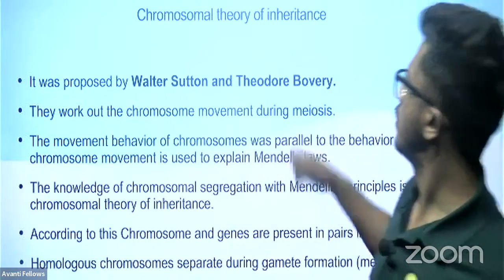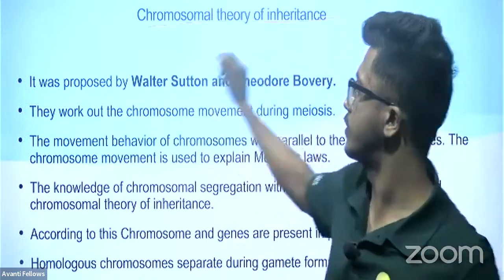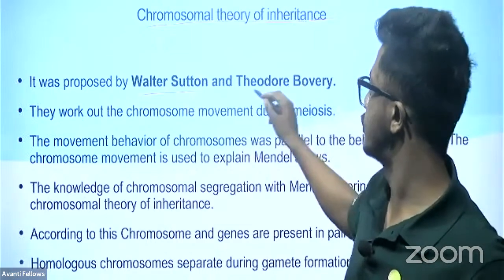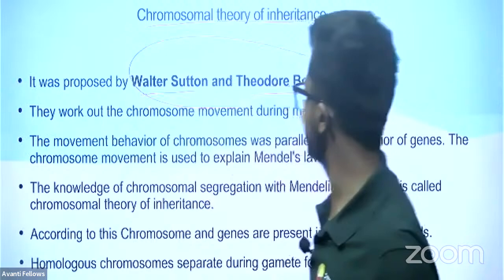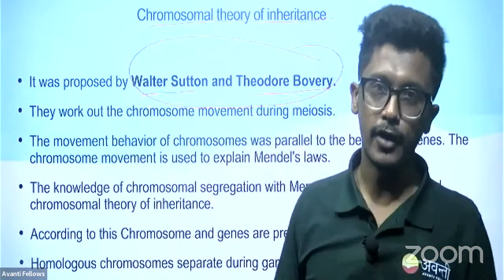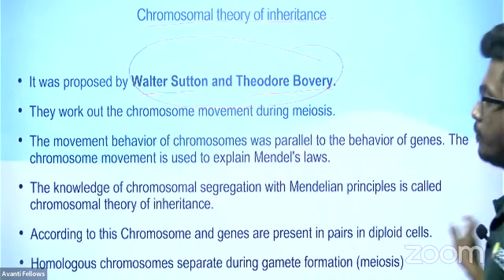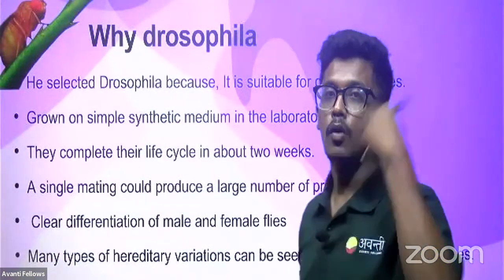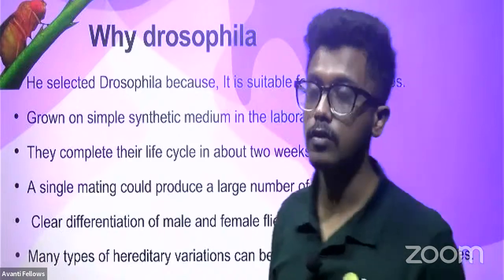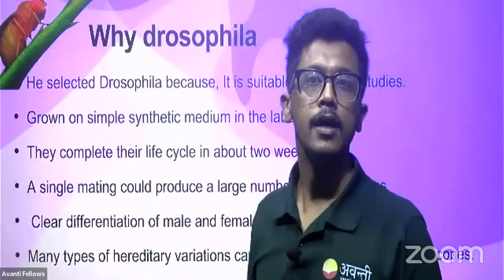Then comes the chromosomal theory of inheritance, correct? No, that was proposed by Walter Sutton and Theodore Boveri. I also mentioned in the last class that these names are very significant, right? We went through very deeply what the laws are and what they are trying to tell us.